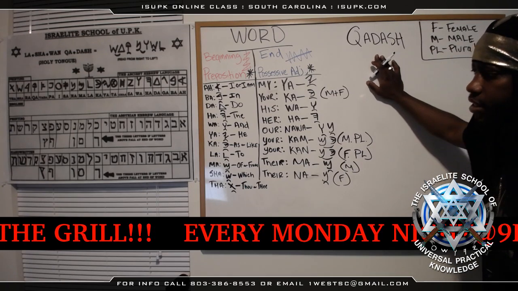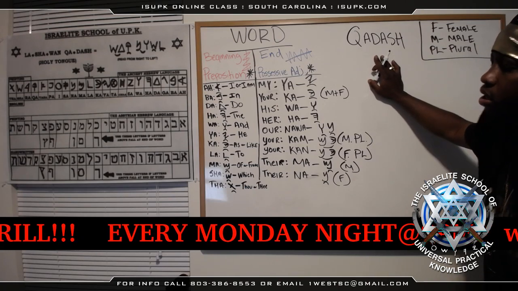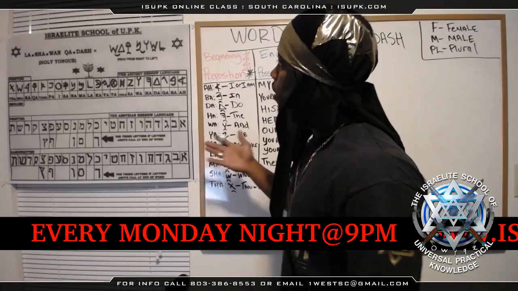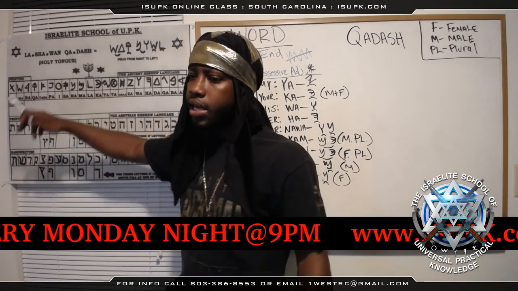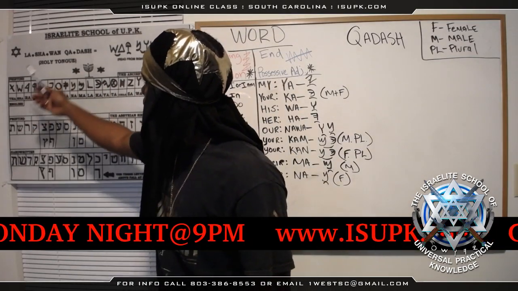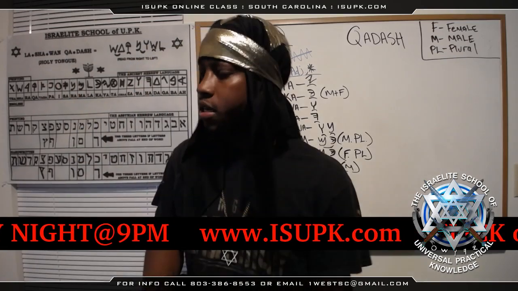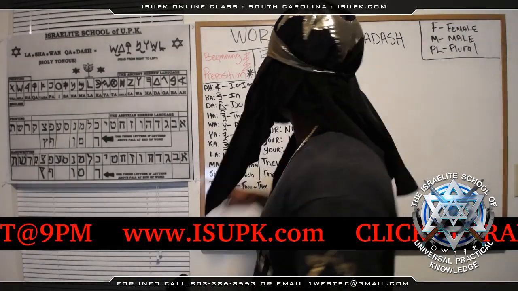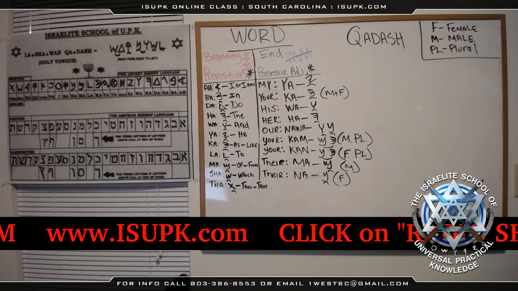In the English, it's hallowed be thy name. But in the Hebrew, it's Kodash, which means holy. What we're teaching today is the Lashawan Kodash, the holy tongue. You see, it's from right to left. Kodash, Lashawan. Holy tongue. This means holy. So our Father, which art in heaven, holy be thy name.